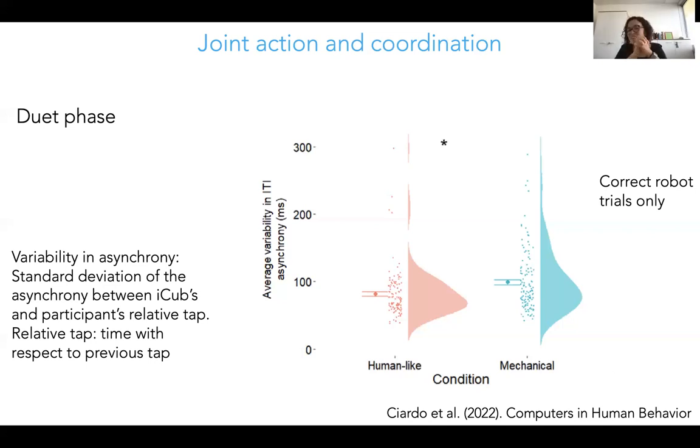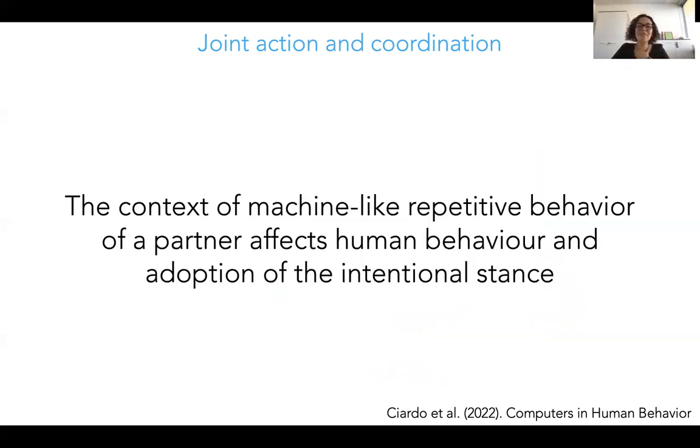So in the human-like condition, they decreased their variability, meaning that they treated the robot as a more cooperative partner in their task. Okay, so here I wanted just to say that the context of this kind of machine-like, repetitive behavior affects human behavior and adoption of the intentional stance.